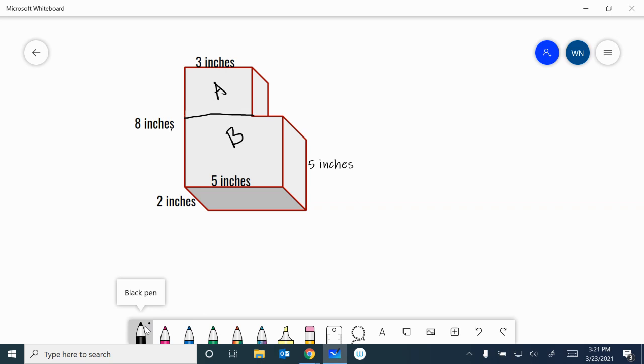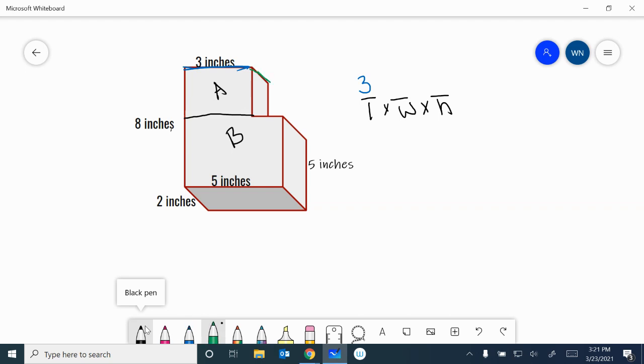Let's find the volume of figure A. So remember, we want the length times the width times the height. Let's go ahead and look that up. So the length is how long it is. So I'm going to say it is 3 inches long. That is my length. Remember, the width is how deep it is.